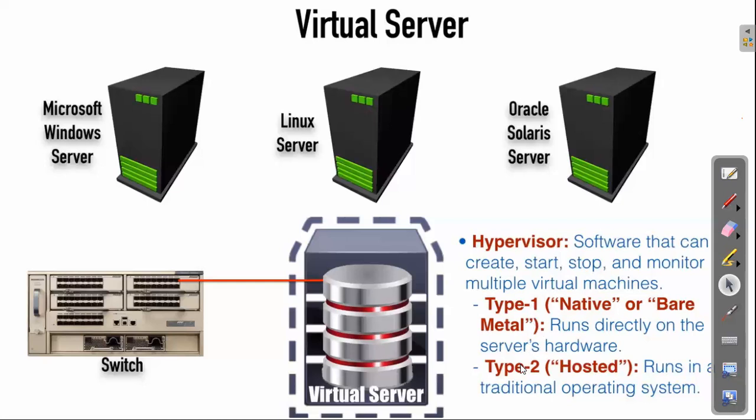Type 1. Type 2 is where there's a computer. In the computer, there may be an operating system, right? On top of that operating system, we can install another operating system. That is called the second type, type 2, hosted.